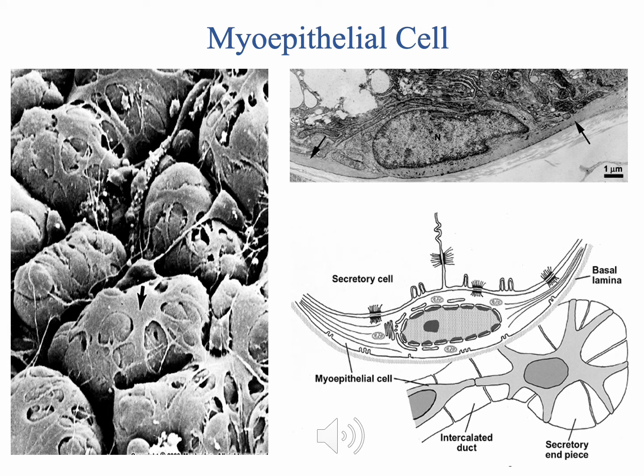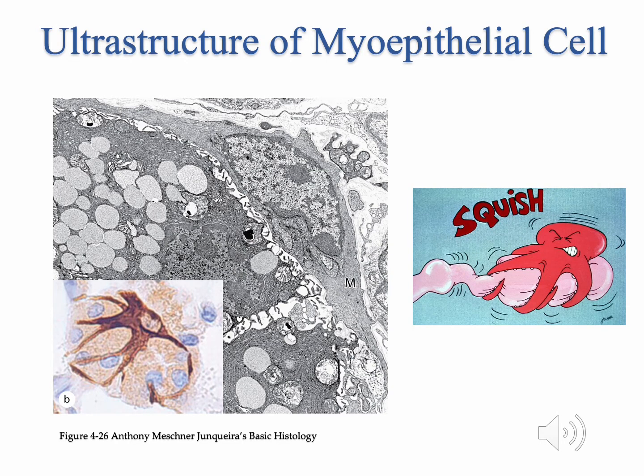This is a nice image on the left-hand side of the screen of the myoepithelial cells with their stellate structure plastered over top of the acini of a given gland. Figure 4-26 from your textbook: I like the small insert labeled B, where the myoepithelial cell has been specially stained and is highlighted in brown, as we can see it surrounding and embracing the secretory cells making up this acini.